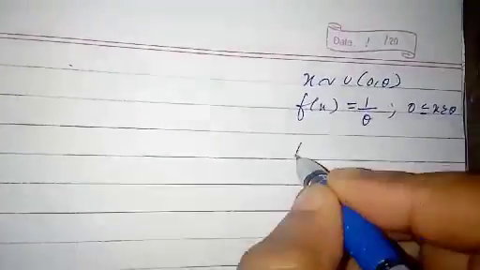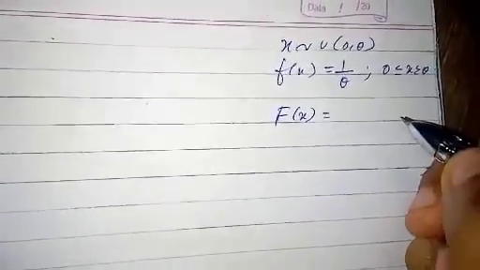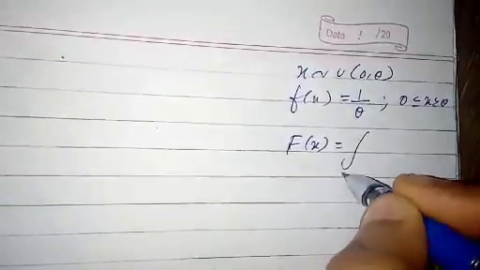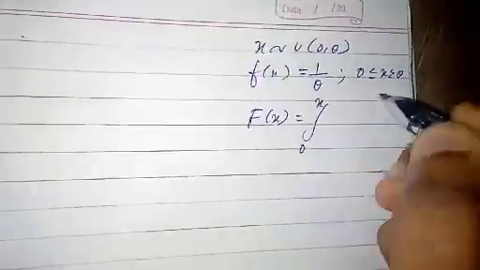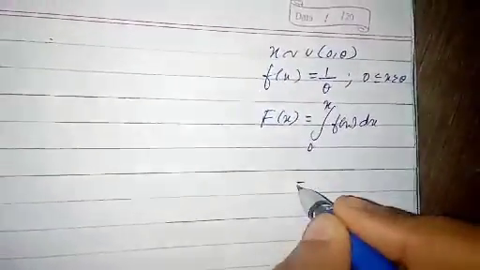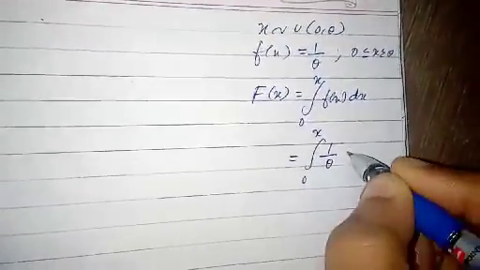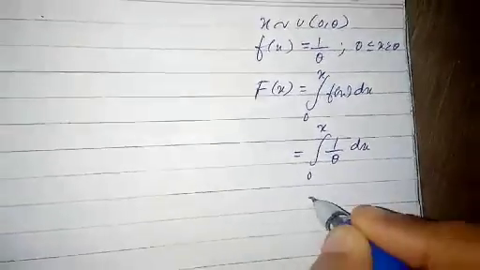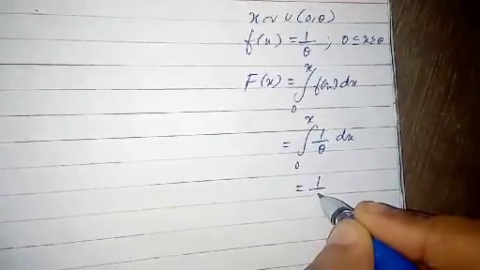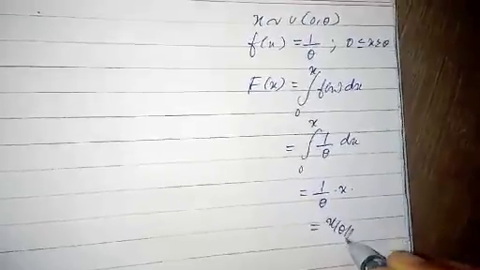Then what is capital F of x? Capital F of x is equal to the integral from 0 to x of f of x dx, which is equal to the integral from 0 to x of 1 by theta dx, equal to 1 by theta into x, that is x by theta, right?